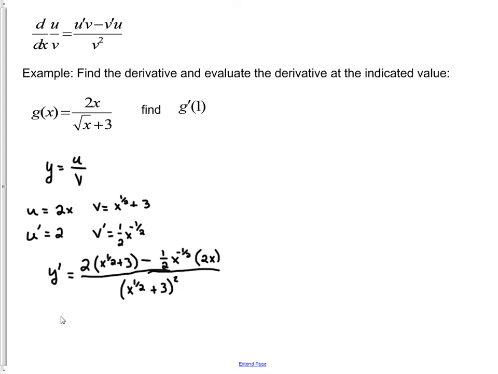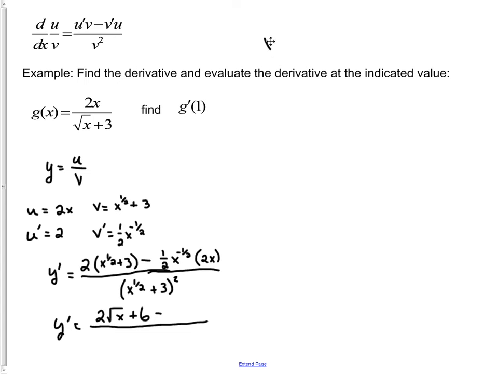Now let's simplify this a little bit. y prime, what is that? Well, let's go back to our radical notation. I think we're done using our x to the 1/2, so we can take the root. We're going to have 2 times the square root of x plus 6. And we're subtracting from that 1/2 times 2, that's just 1, times x to the negative 1/2 times x.